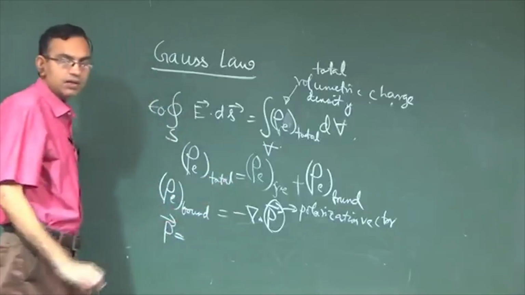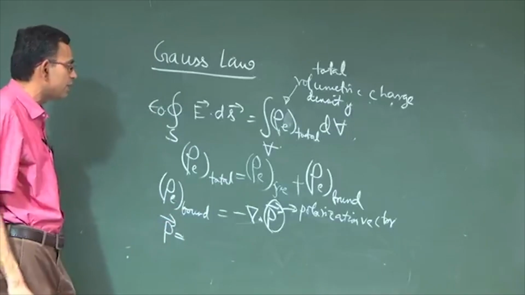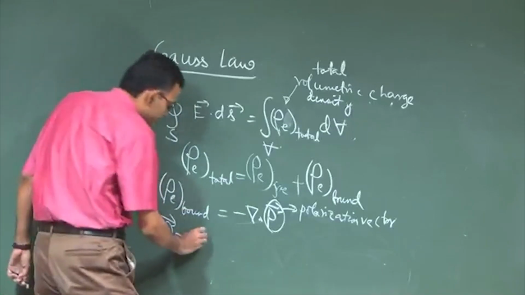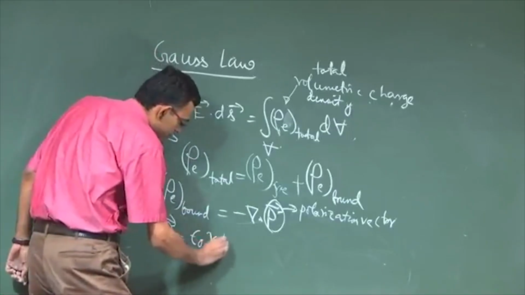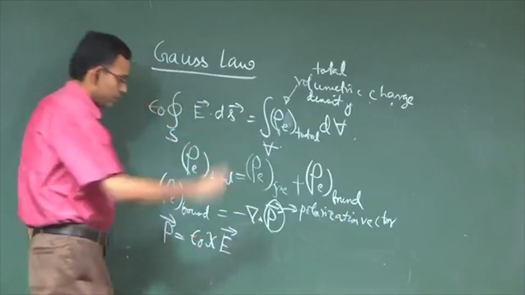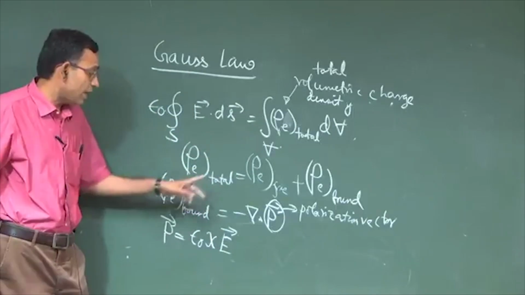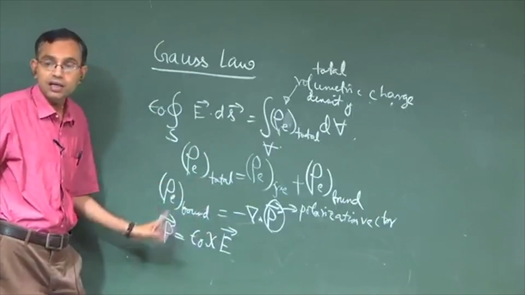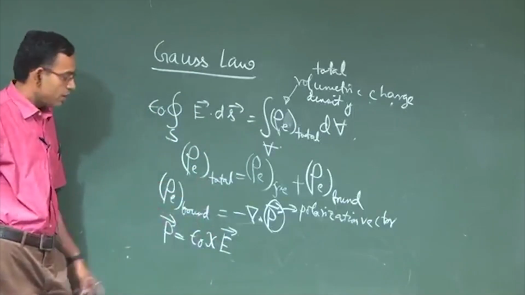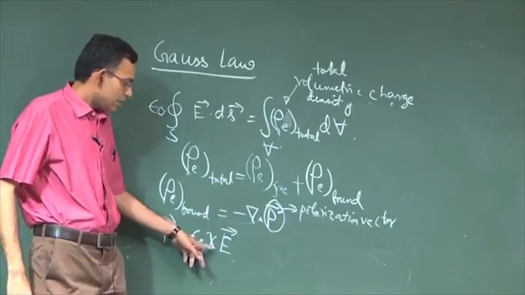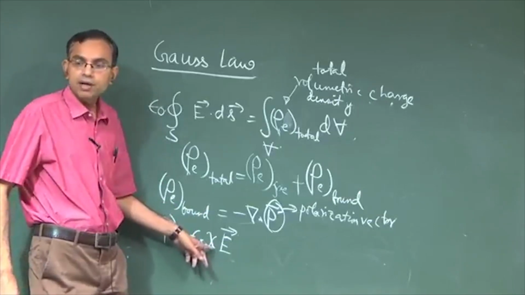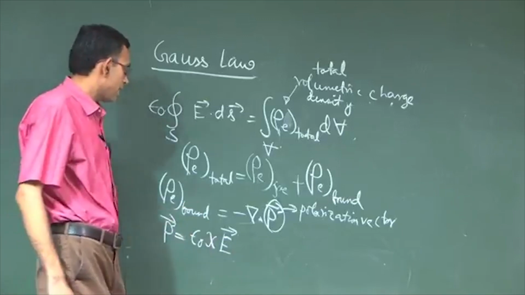So, this P is constitutively related to the electric field by the following. This is the relationship between the polarization and the electric field. This is how fundamentally the charge and the electric field are related. So, this chi is called as susceptibility of the medium. Okay.